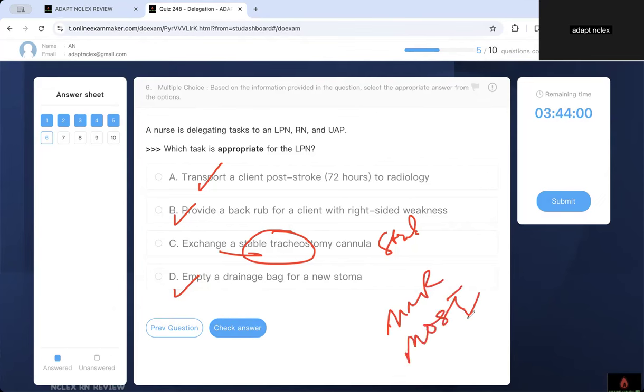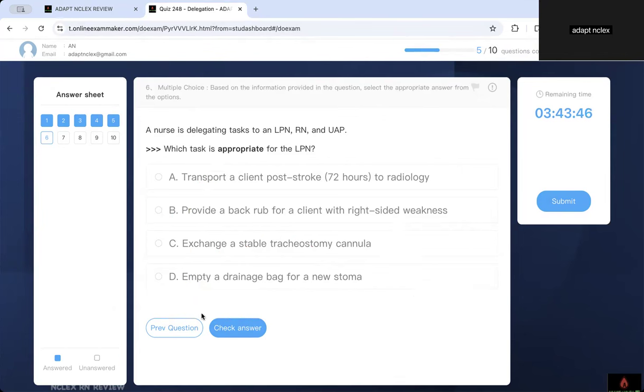Tube feed and stoma. Any stoma, whether it's in your neck or your abdomen, colostomy, ileostomy, gastrostomy, tracheostomy, the LPN can do that. So that's my mnemonic to answer any question on delegation and assignment.